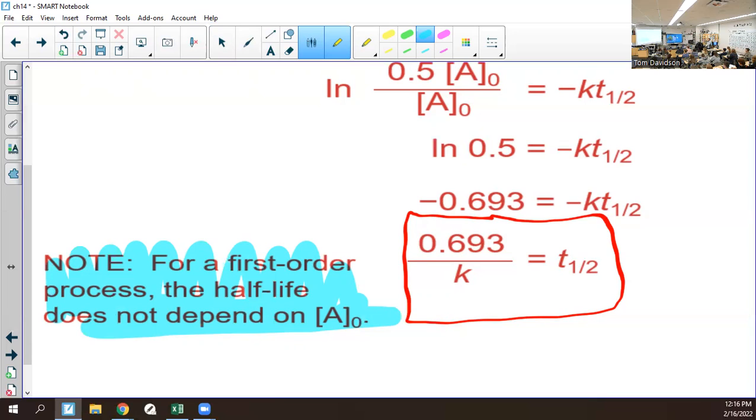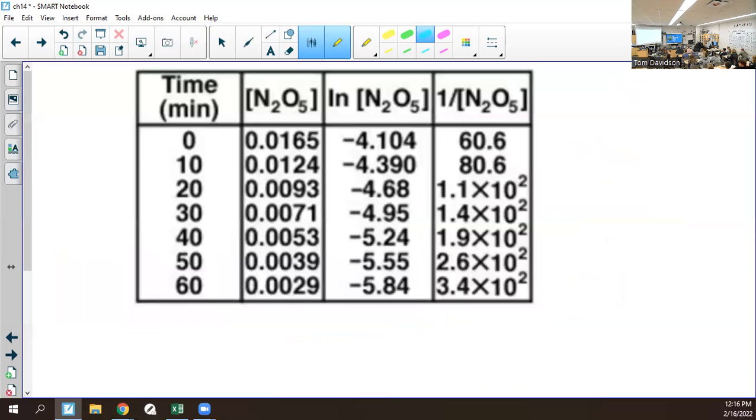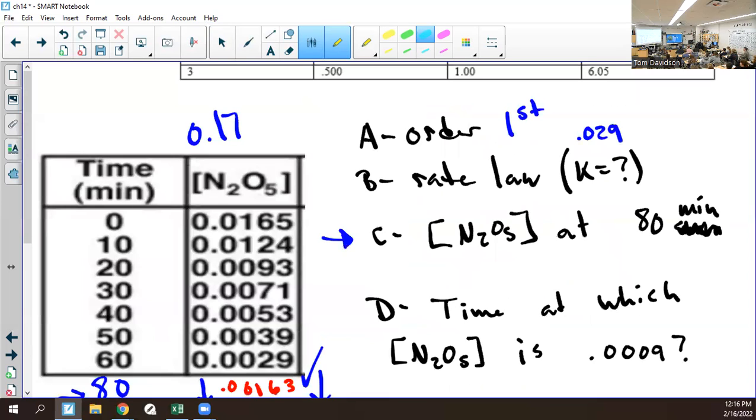I see people writing, so I'll hang out for a second. Well, let's actually go back for a minute. Let's find one of these that was first order. So this one was first order, right?